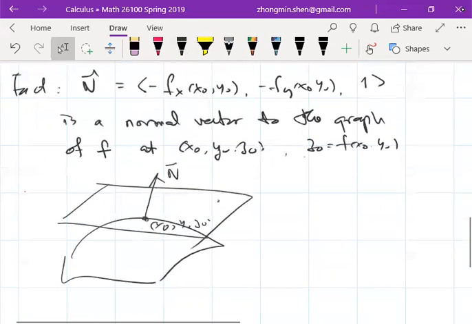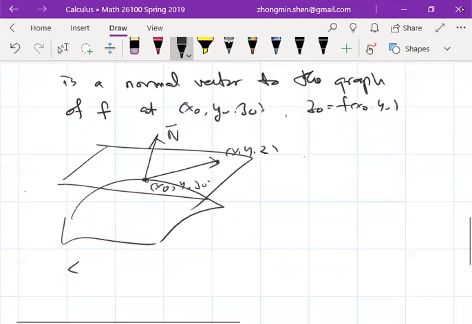One is I take an arbitrary point (x, y, z), and then I look at the vector in the plane: x minus x naught, y minus y naught, z minus z naught. Now the dot product with n should be 0. This is a point on the plane if and only if the vector between those two points is perpendicular to the normal vector, from the picture. If this is p naught and that's p, it is perpendicular.